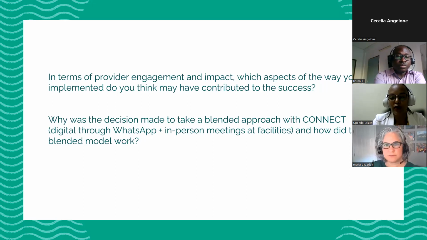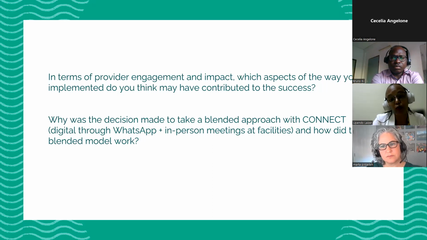In-person Connect sessions were facility-based and curriculum-driven discussions. These two forums complemented each other very well, and participation remained high throughout the implementation period. So these factors accelerated great success in Tanzania. Over to you, Marta, and thank you.